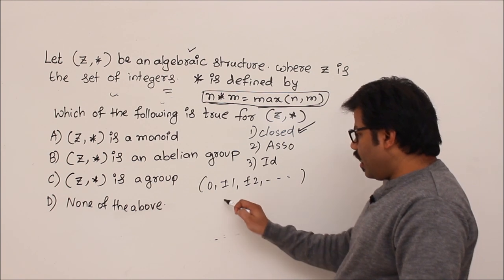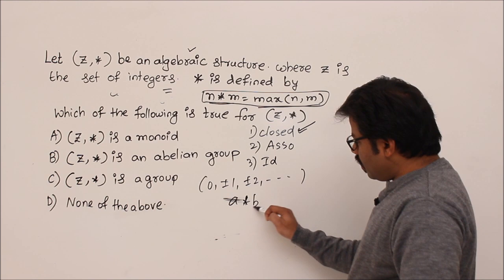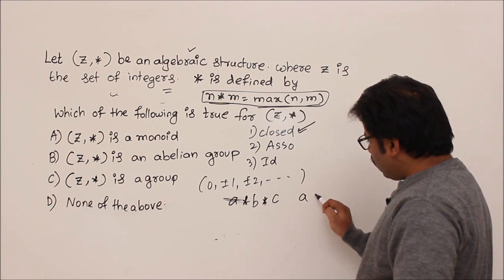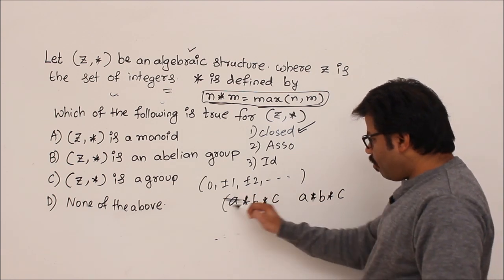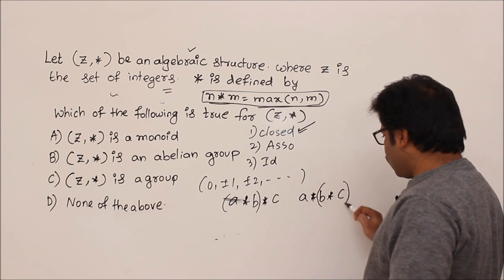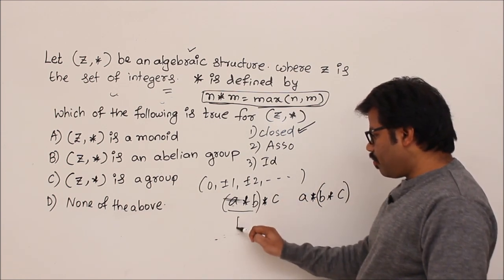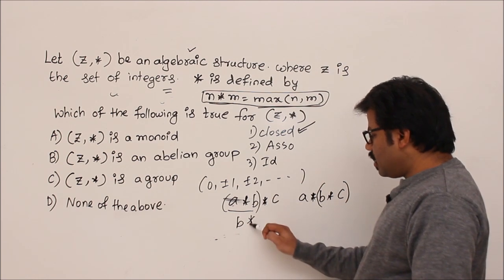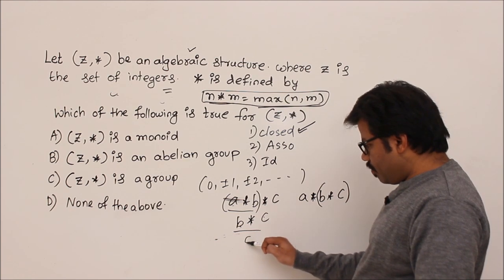Example, let's say you have three elements, okay? A star B, then star C. Second one, A star, B star C. Just see the property. If I apply A star B first, then star C, then here A star, B star C. What is A star B? Max of these two elements. Let us say B. Then if I apply B star C, you will get max of B comma C, which let's say is C. Okay.